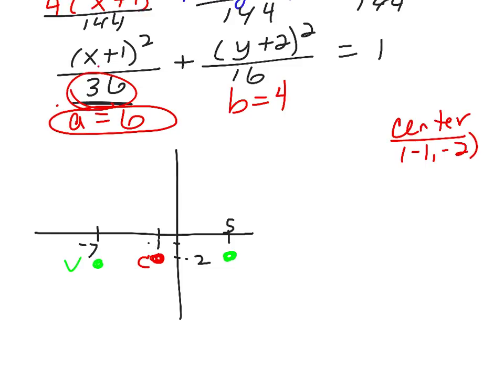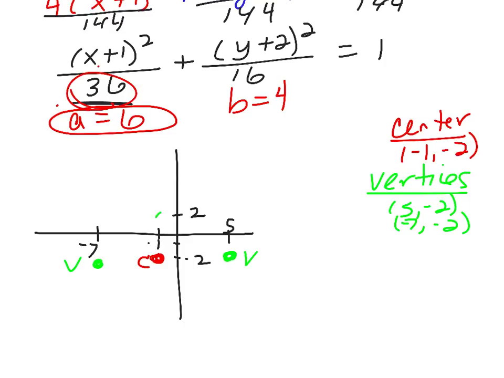So let's write down those vertices. My vertices are 5, -2 and -7, -2. And then I need to go up and down 4. When I go up 4, that's going to put me at 2, so that's -1, 2.